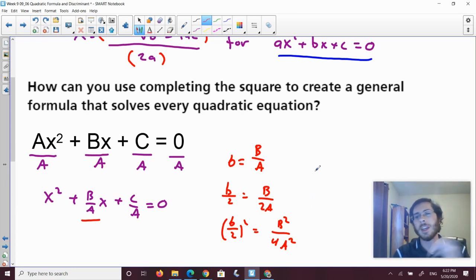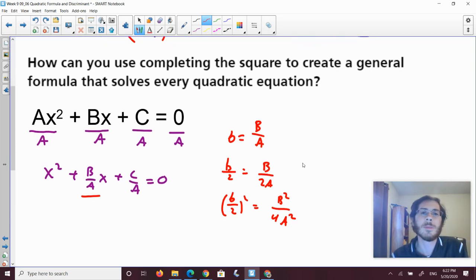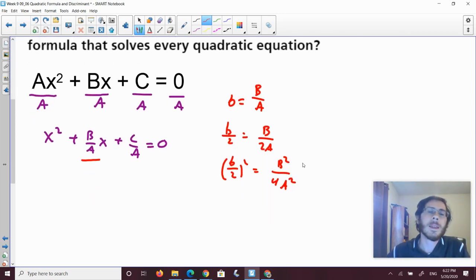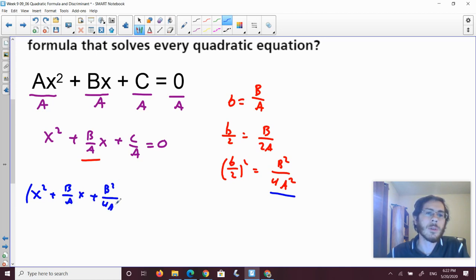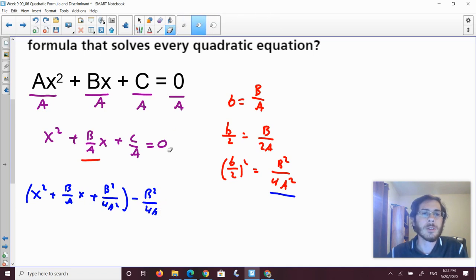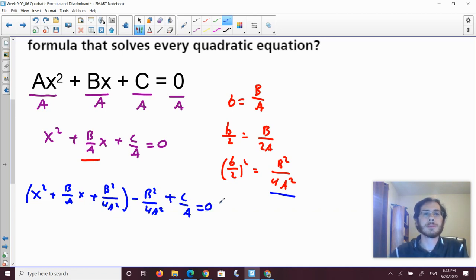So that's the reason why I picked the capital letters here, just to remember. The lowercase letters I'll just leave as what we did last time. So still though, this is like our new c term. So we get x squared plus b over a x plus b squared over 4a squared minus b squared over 4a squared plus c over a equals 0.